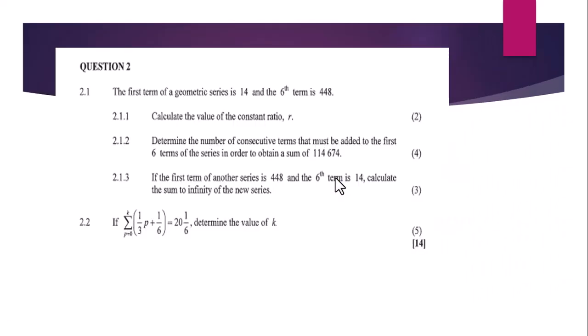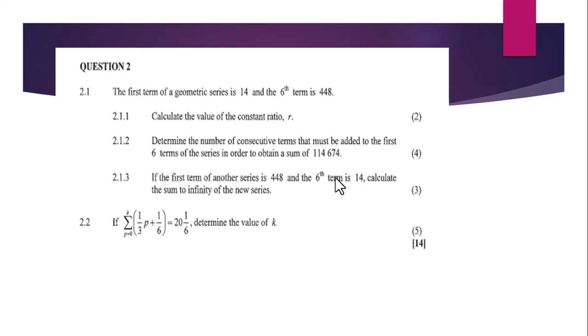Okay, be that as it may, that was 2 marks. In 2.1.2 they say determine the number of consecutive terms that must be added to the first 6 terms of the series in order to obtain a sum.